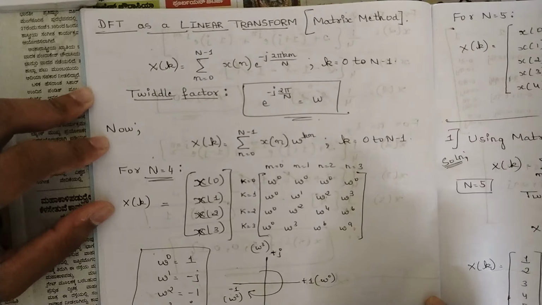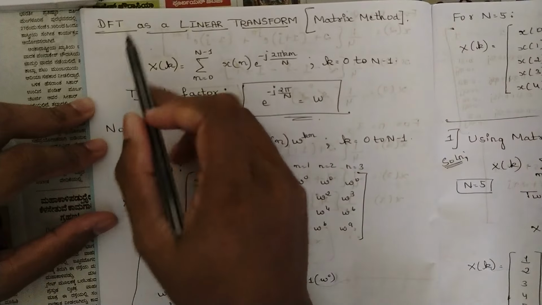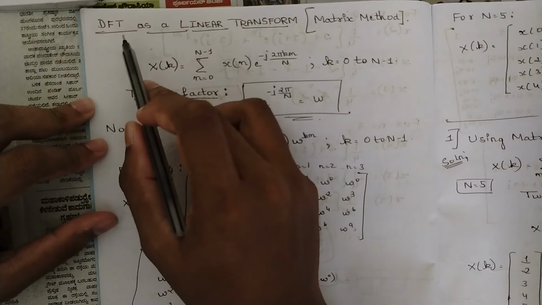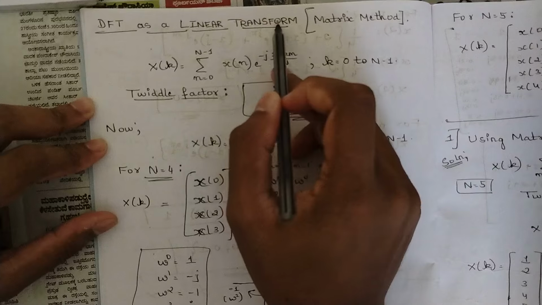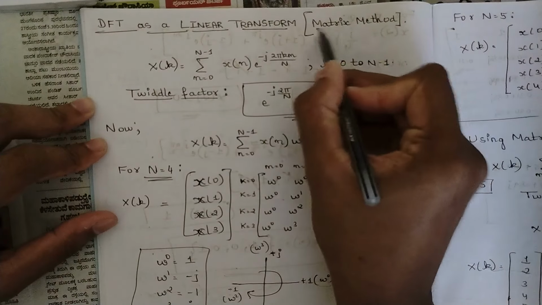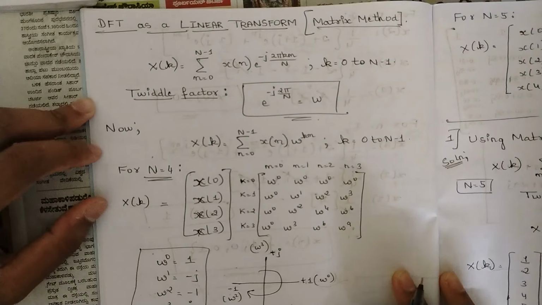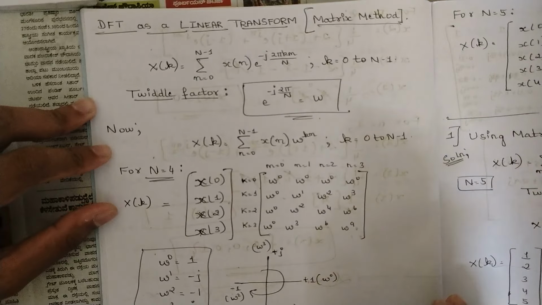So the next concept is DFT, the discrete Fourier transform, as a linear transform, or we can say the matrix method. Now we need to find the DFTs of the sequences, but the method here is different.